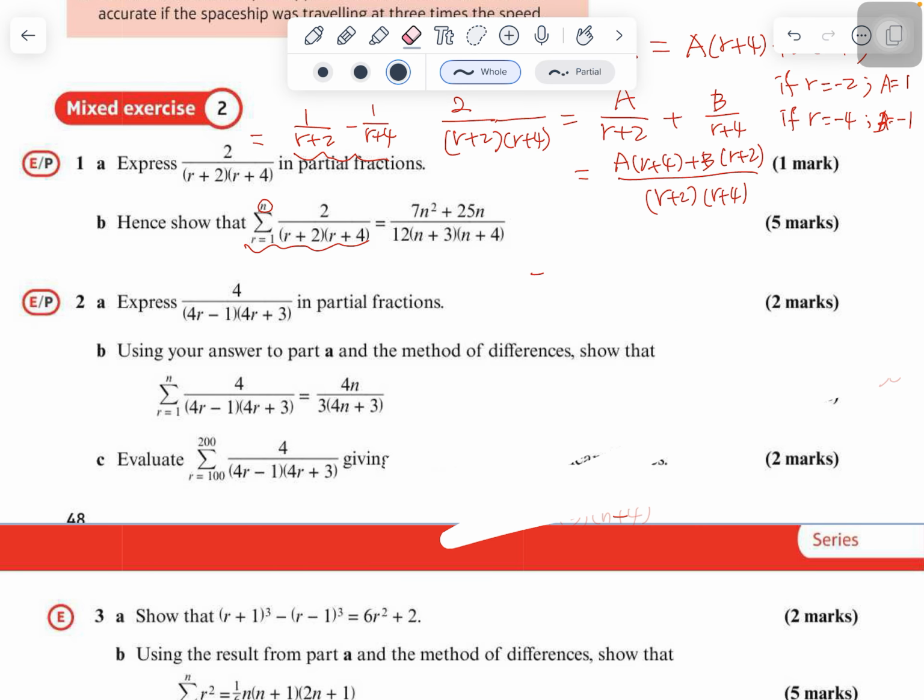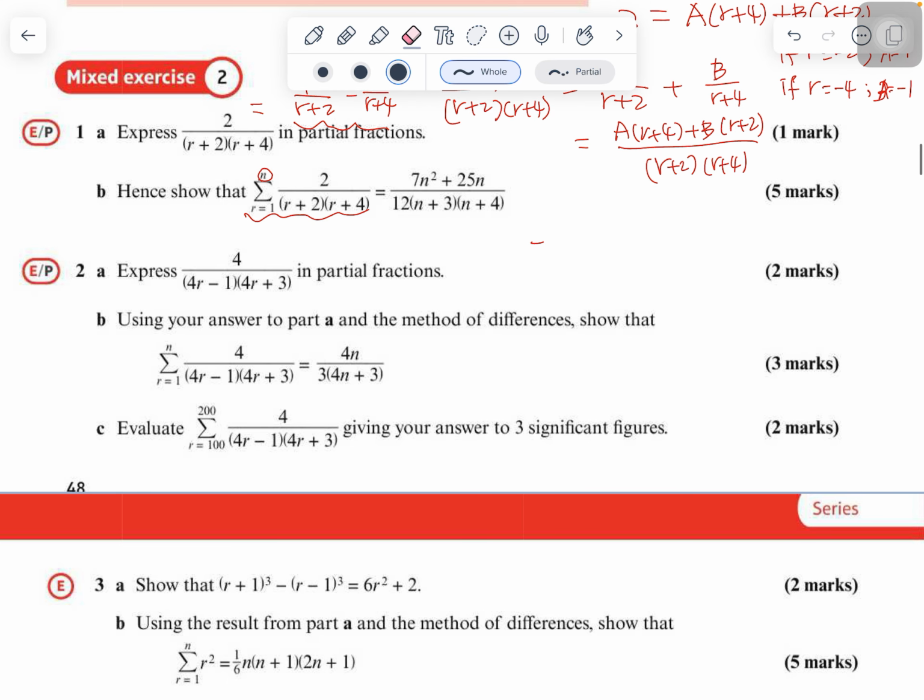Partial fractions again. I think A and B are repeated from the first question, so I will do only part C, assuming I already went through A and B. So now I know this is the result of these differences, so the left side and the right side are the same. Here it starts from r equals 1, but now we need to start from r equals 100.